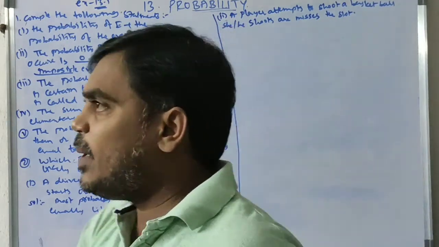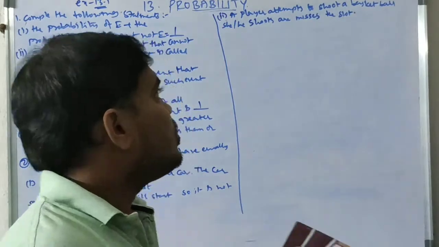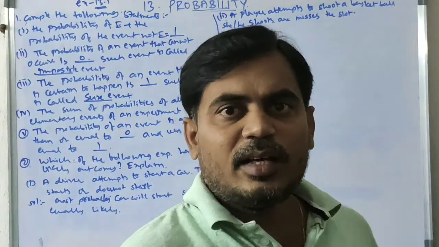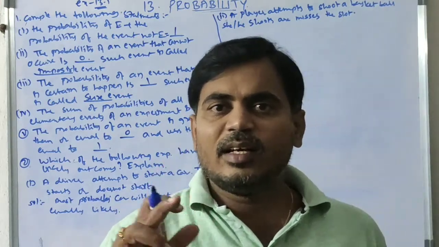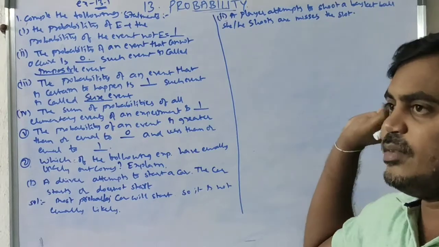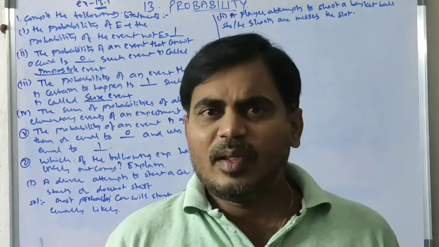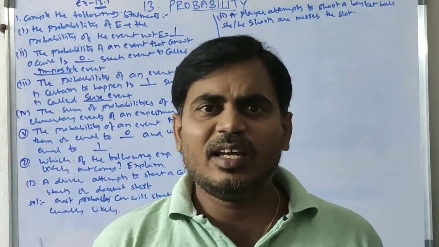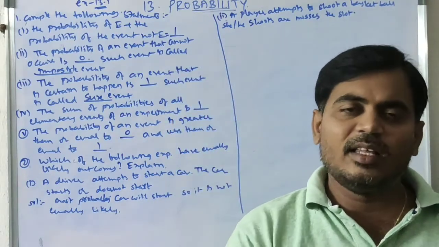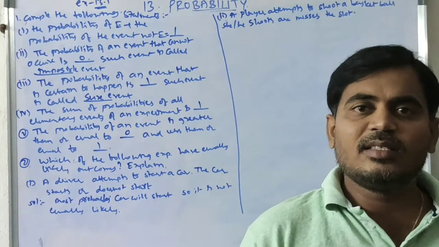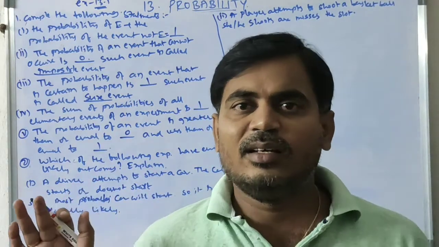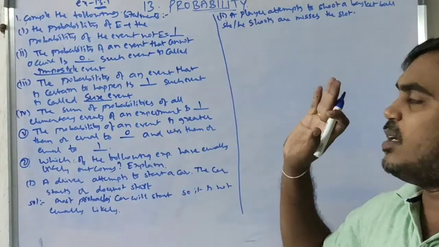So a player is attempting to shoot a basketball into the ring. There are two choices, either it goes in or misses. Here also we have two choices, and it seems equally likely, but these are not equally likely, because it purely depends upon the skill of the player.